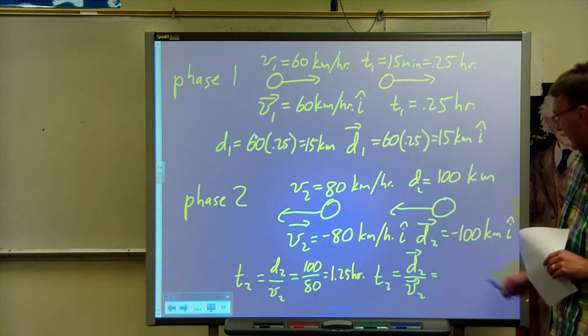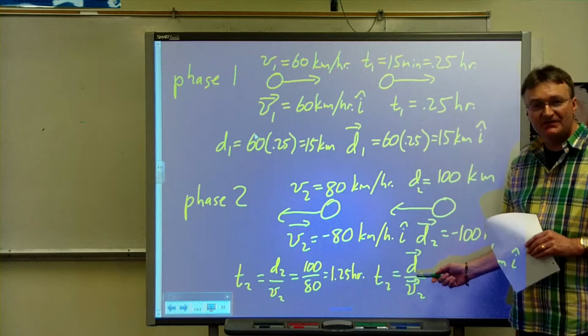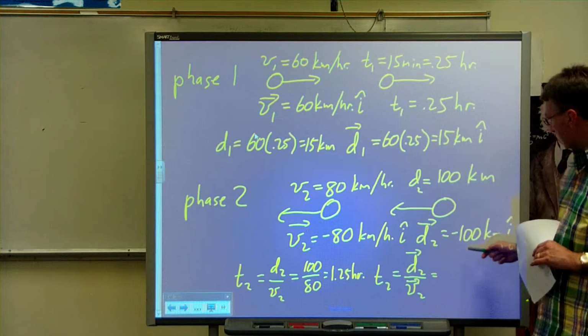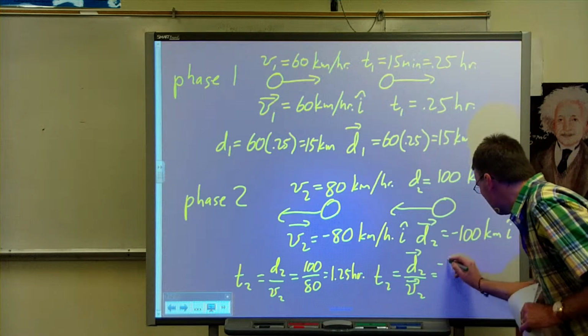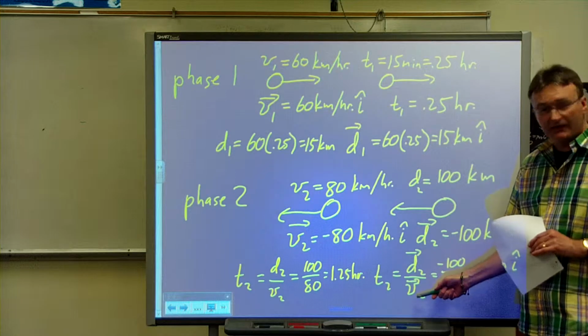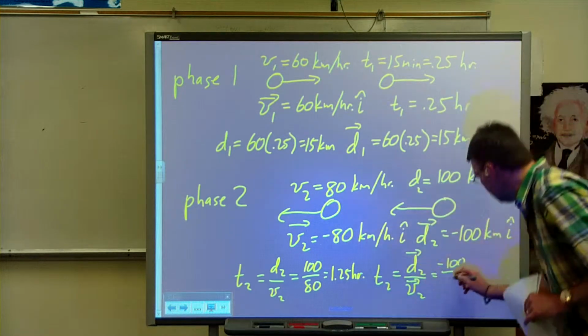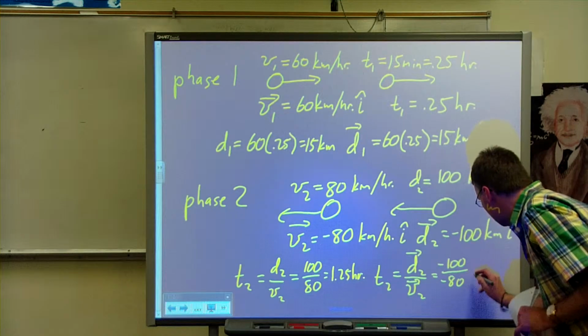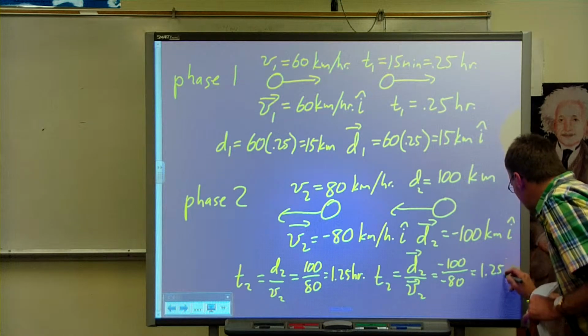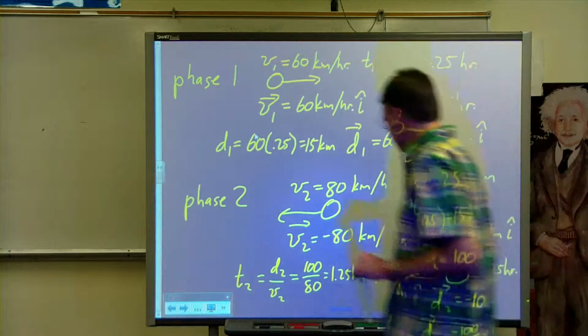And also, now, if we look at the vectors, okay, watch this. So the displacement vector is minus 100. The velocity vector is minus 80. And guess what? We also get positive 1.25 hours.